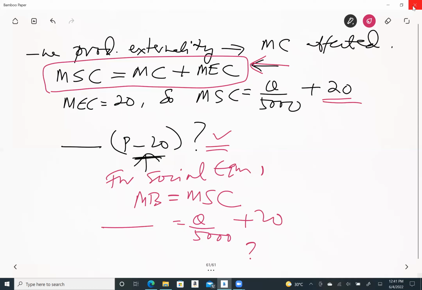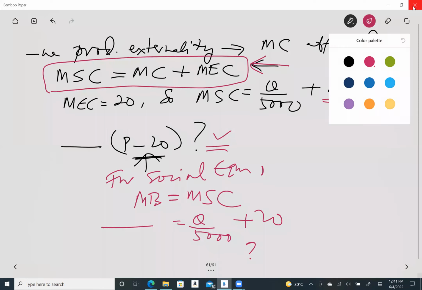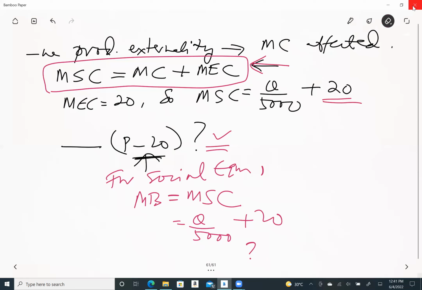So probably somewhere you made an error. Do it again. So Q over 5,000 plus 20 equal to the marginal benefit, negative Q over 1,000 plus 400. I think maybe somewhere you committed an error.